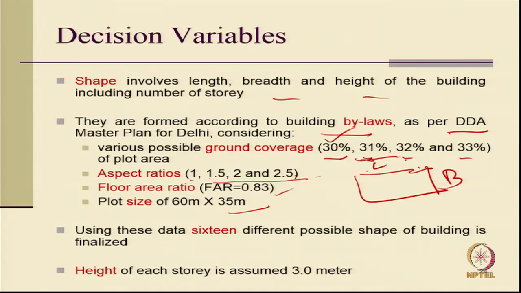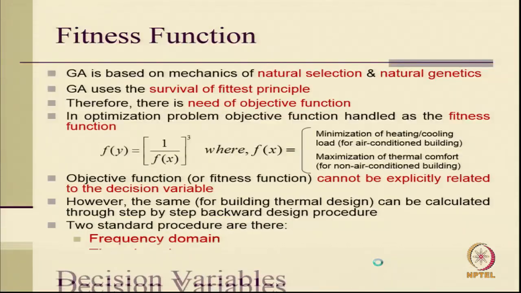So, you can get 16 variables, that is how you get 16, and plot size is fixed, because that is there, and this is a constraint, this is also fixed, one can keep them constant. So, using this data 16 different possible shapes of the building can be finalized. Height you can keep as fixed. If you vary, you can vary, the number of variables will increase only.